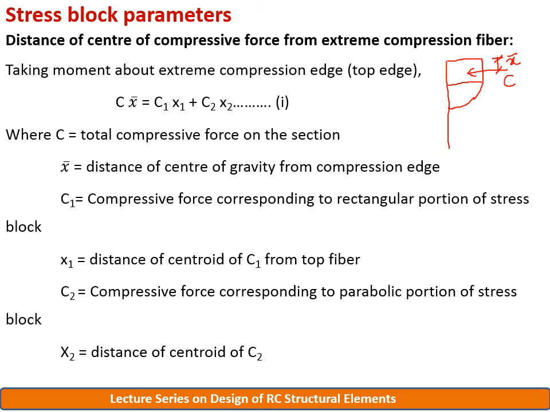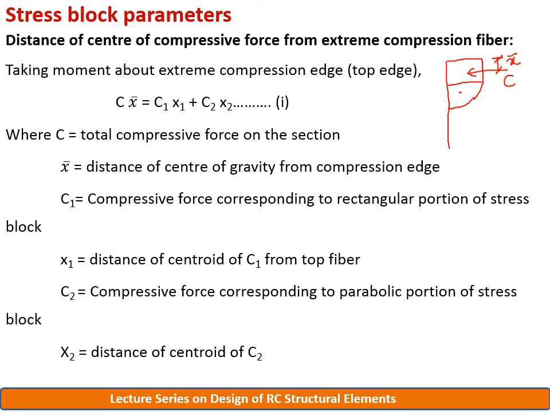C1 refers to the area of the rectangular portion, and x1 is the distance of the centroid of this rectangular portion from the topmost compressive fiber. C2 is the area of this parabolic portion, and x2 is the distance of the centroid of this parabolic portion from the topmost compressive fiber.